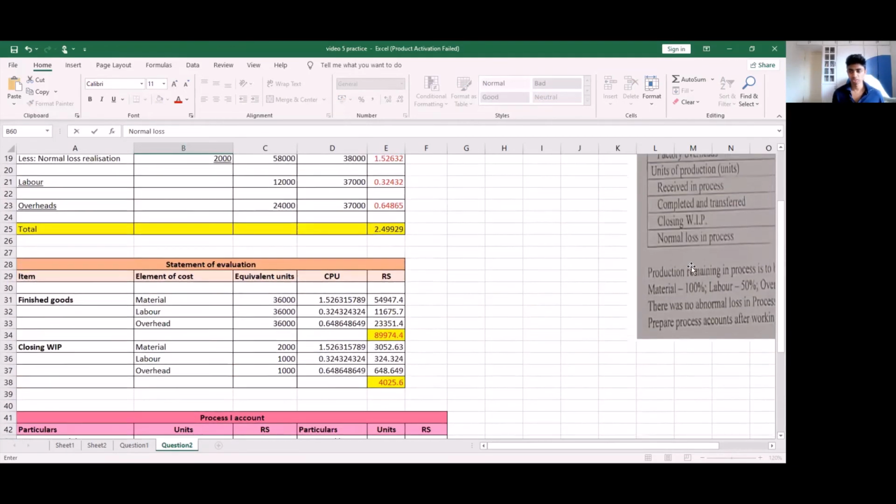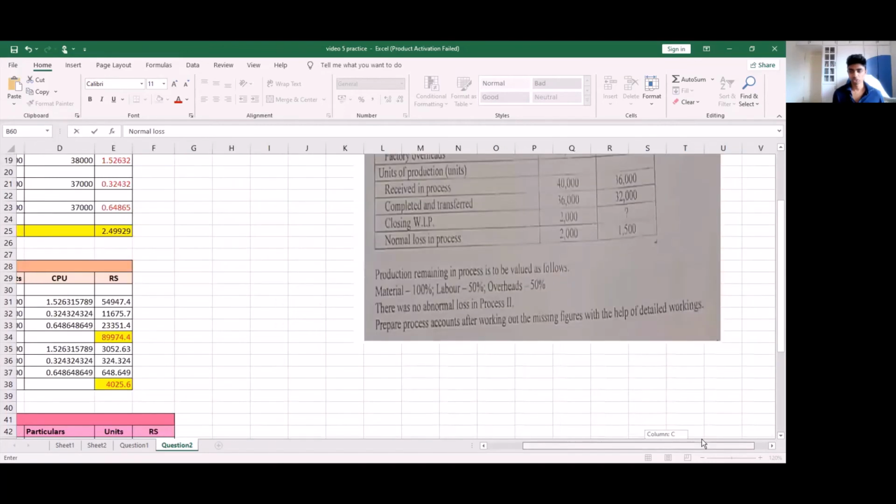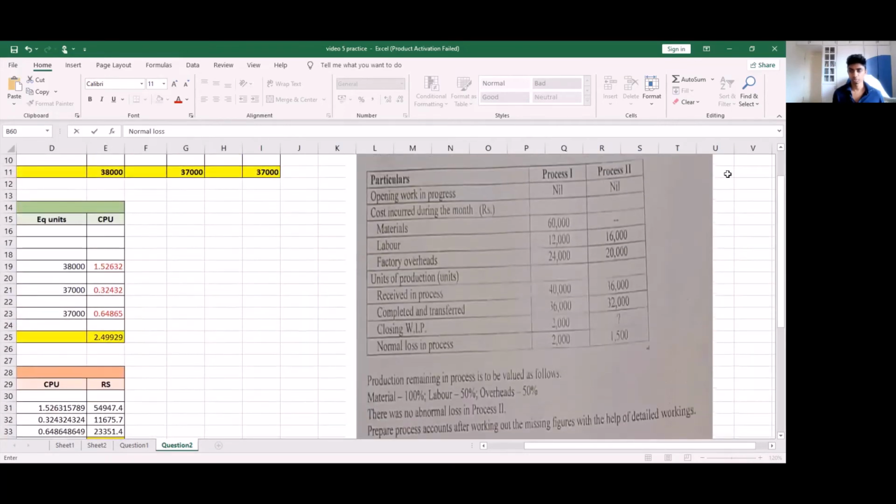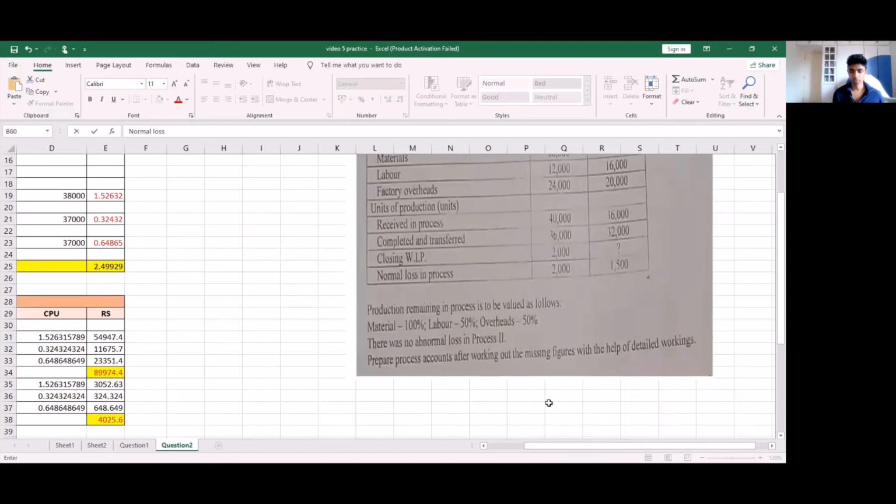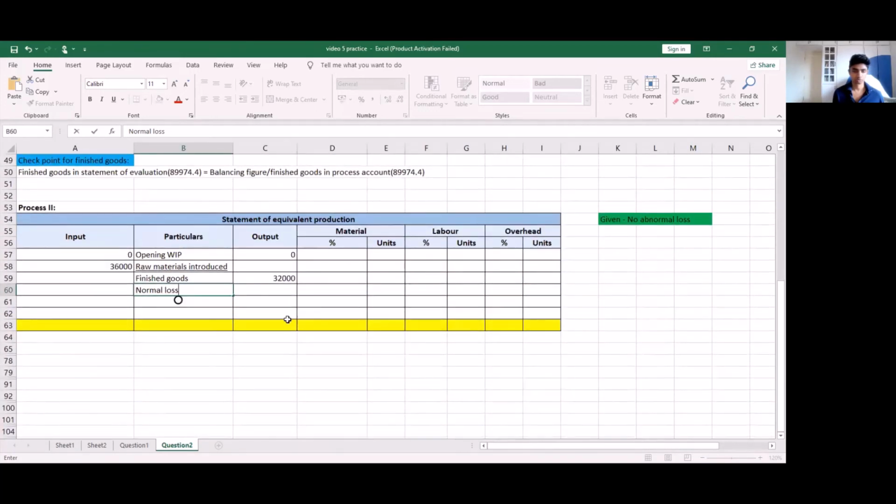Normal loss units is given to us in the question, which is 1,500 for process 2. The question also mentions that there was no abnormal loss in process 2. So abnormal loss will be 0. So we have a normal loss of 1,500 units. No abnormal loss, so we can write our final item, which is closing work in progress.